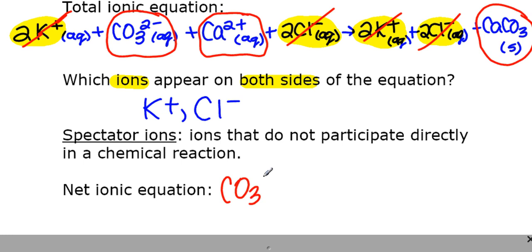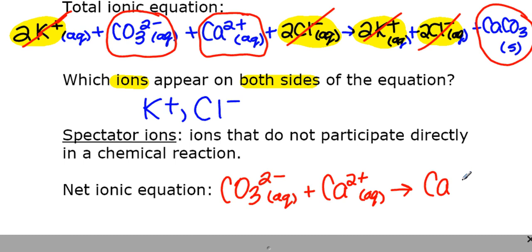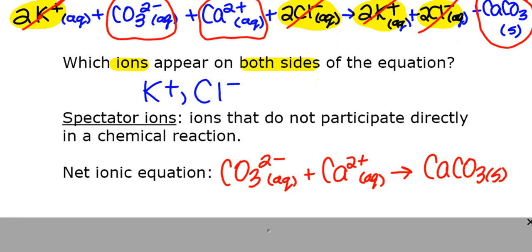So for this example, it would be the carbonate ion, the calcium ion, and here's your new product, calcium carbonate. So that's all there is to total and net ionic equations. So I'm going to get you to try one out to make sure you know what to do.